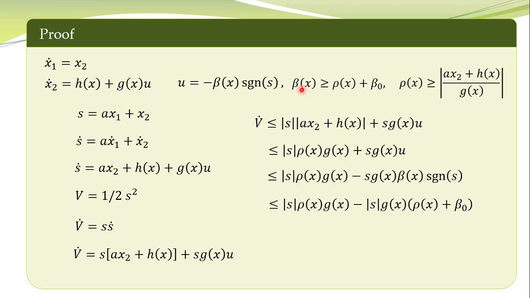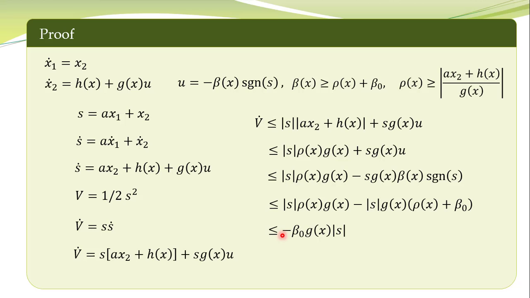This beta of x is replaced with a smaller term because of this negative sign. So therefore this expression is greater than or equal to this expression, which is greater than or equal to V dot. Some terms are cancelled over here: this term is cancelled with absolute value of s, g of x, rho of x, and we are only left with this term, beta naught multiplied by this expression with a negative sign.